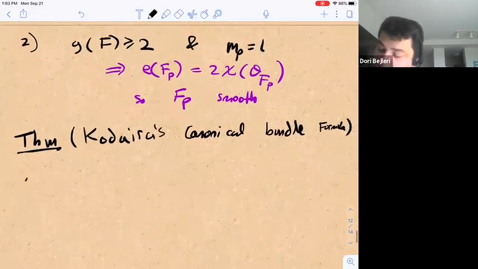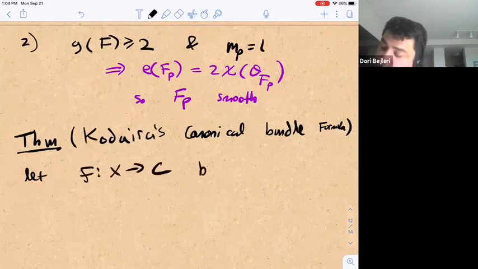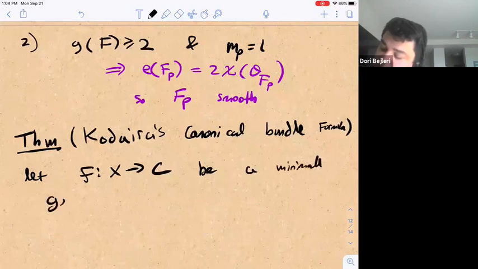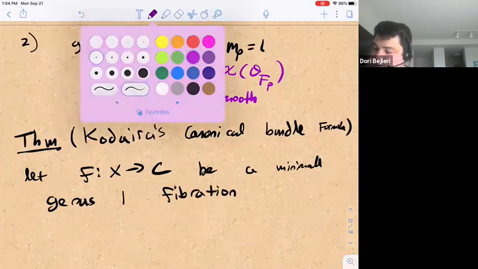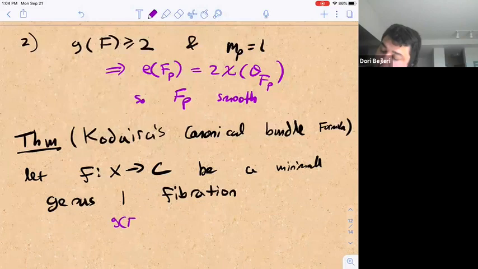So let F from X to C be a minimal genus 1 fibration. So the generic fiber is a genus 1 curve, and there are no -1 curves in the fibers.